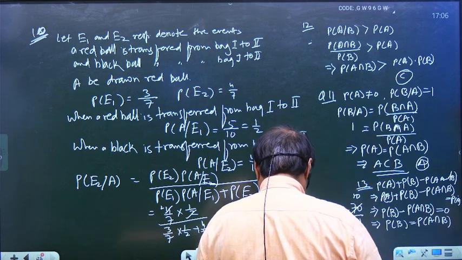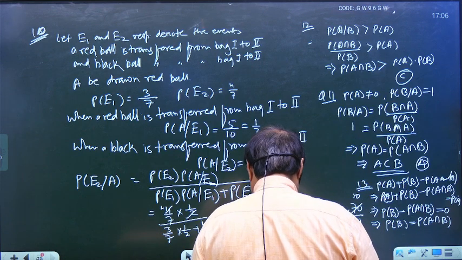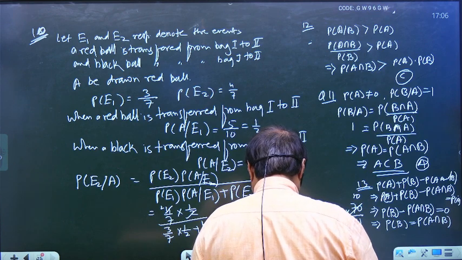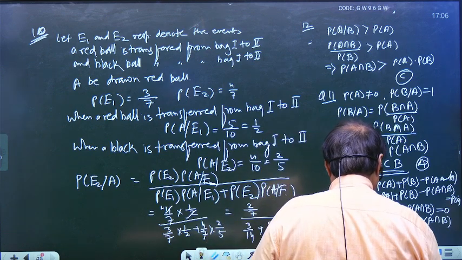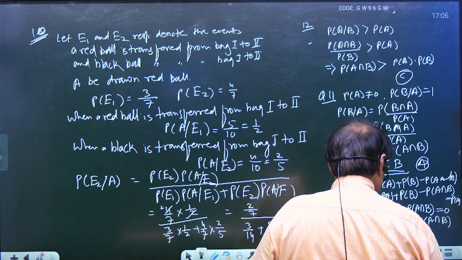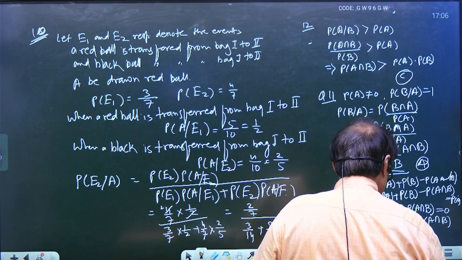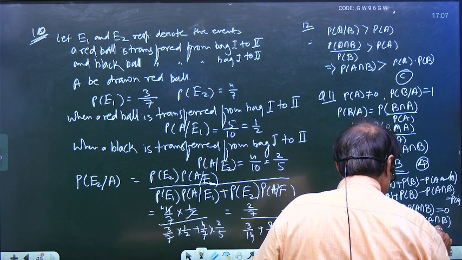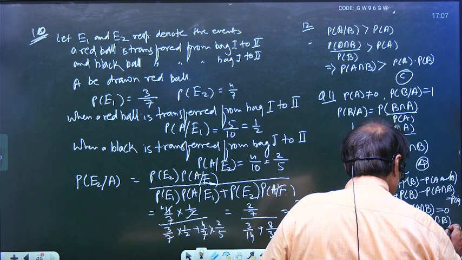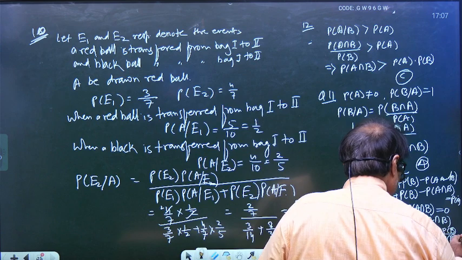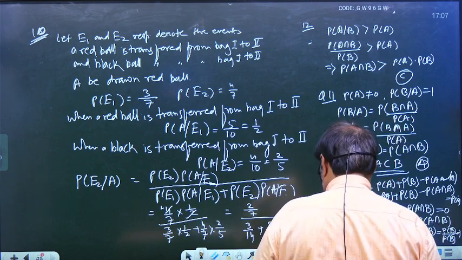And what we have to find is probability of A by B. So probability of A by B is probability of A intersection B upon probability of B, and A intersection B is B, so probability of B upon probability of B, which is equal to 1.